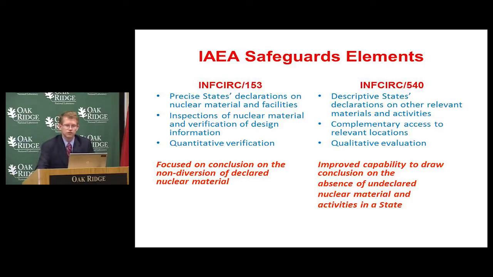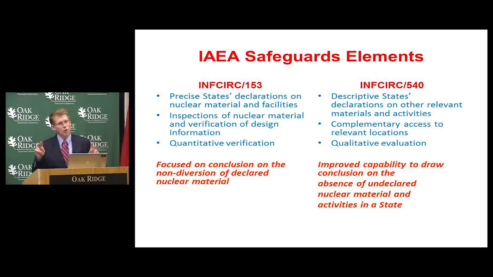One of the strengths of the Additional Protocol, INFCIRC 540, is that it provides the agency complementary access to relevant locations to resolve questions or, again, verify that information. This is different from inspections of nuclear material where it has this quantitative aspect to it. These complementary access visits basically are there to look that indeed there is no nuclear material present and that the level of activity is consistent with the declaration.